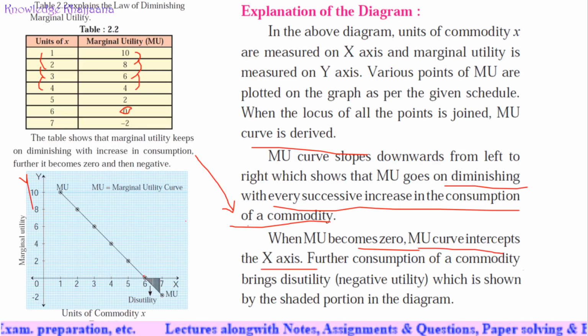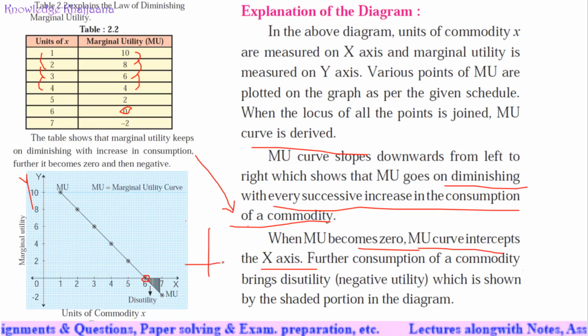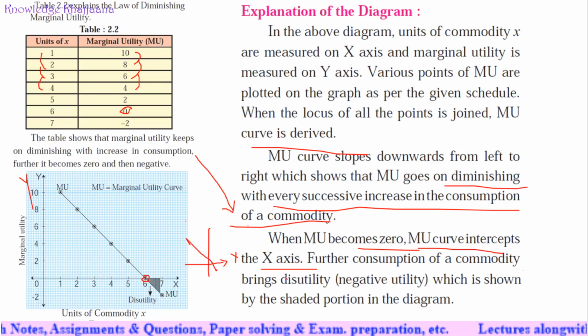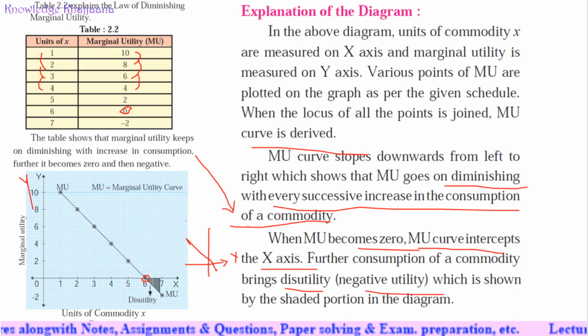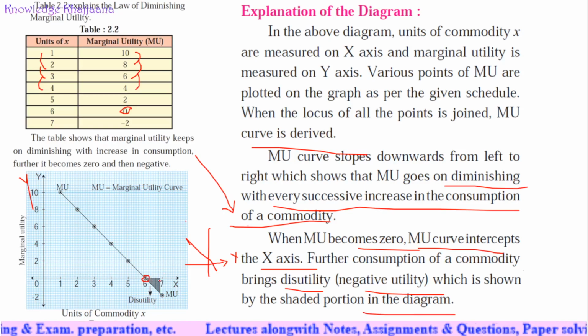It means it is crossing the x-axis. Further consumption of the commodity brings disutility, that is negative utility, which is shown by the shaded portion in the diagram. This is the disutility portion.